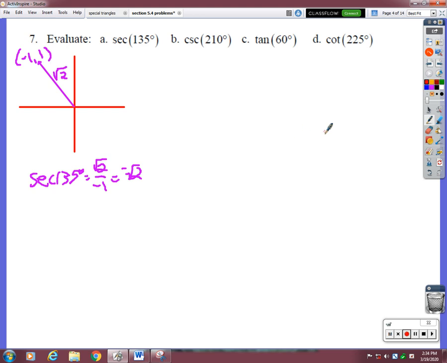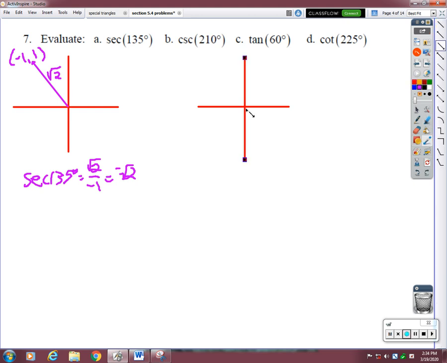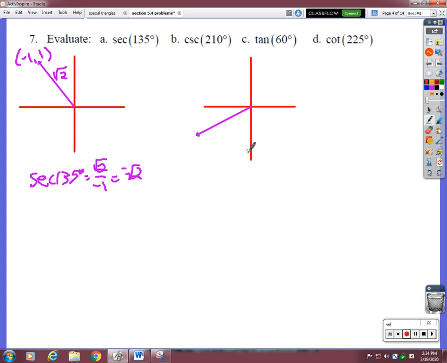Alright, how about the cosecant of 210? So 210 degrees is going to look something like this, 90, 180, 30. So let's see, in a 30, 60, 90, this guy is 1. This guy is square root of 3. This is 2. Of course, both of these are negative.